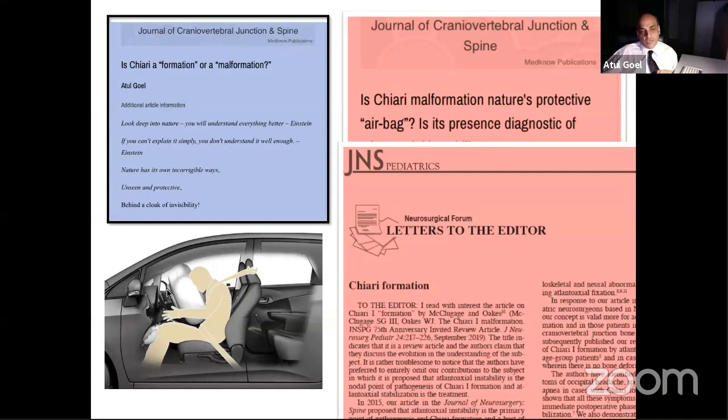But if you are hearing and if you are understanding, I will suggest you please go and read some of these articles which are saying that atlantoaxial instability is the primary problem. Fusions, assimilation of atlas, C2-3 fusion are protective mechanisms.